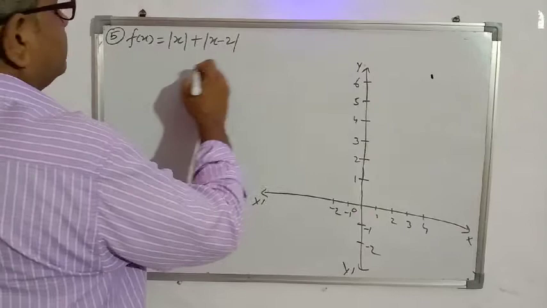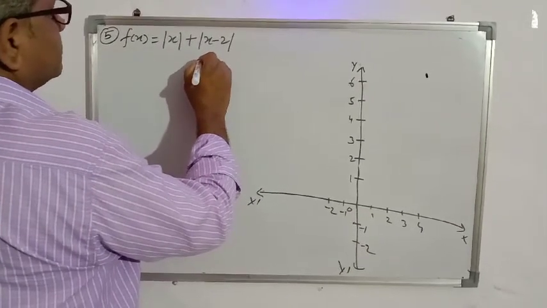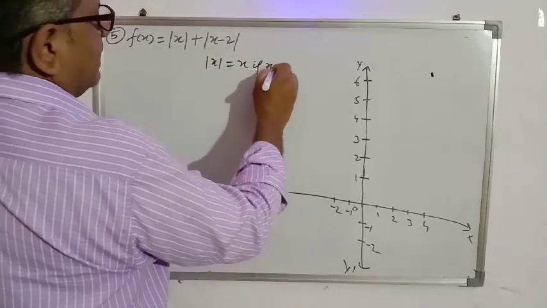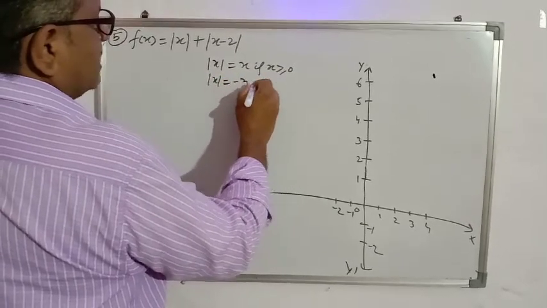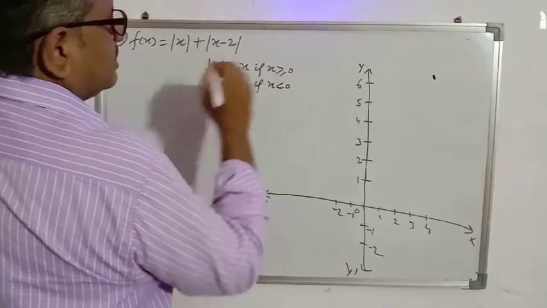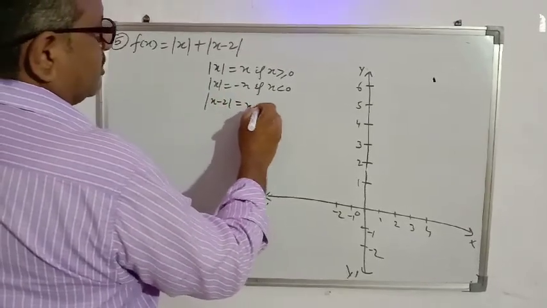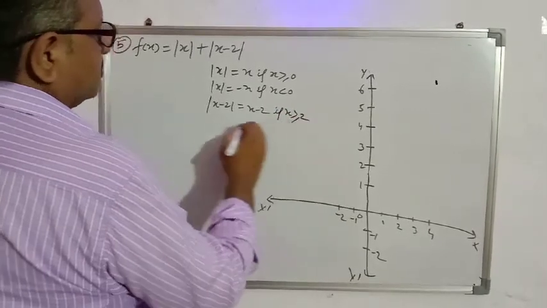So we know that mod of x is equal to x if x is greater than or equal to 0. Mod of x will be minus x if x is less than 0. Mod of x minus 2 will be equal to x minus 2 if x is greater than or equal to 2.